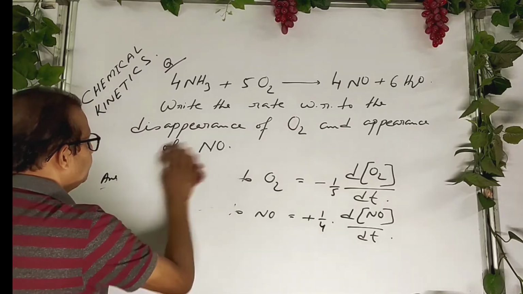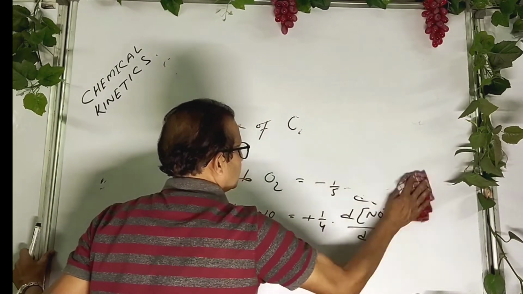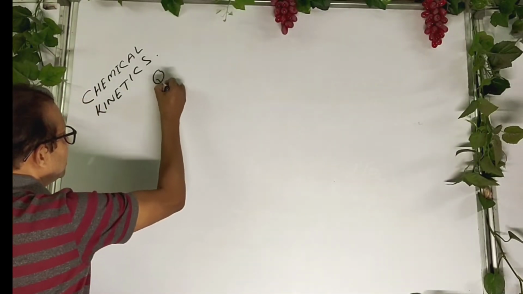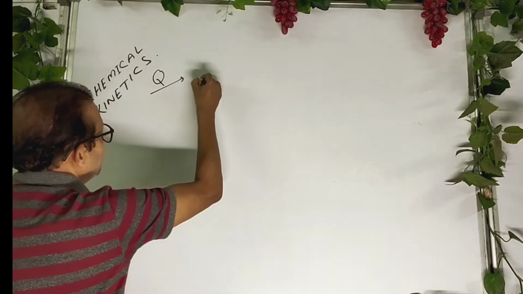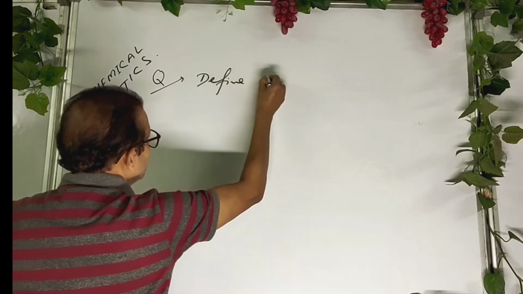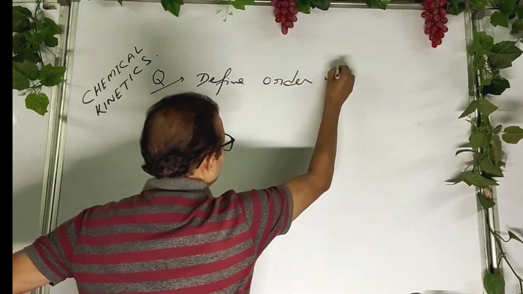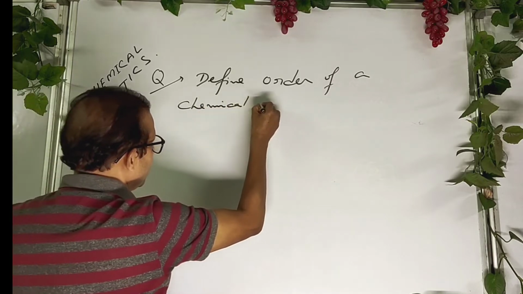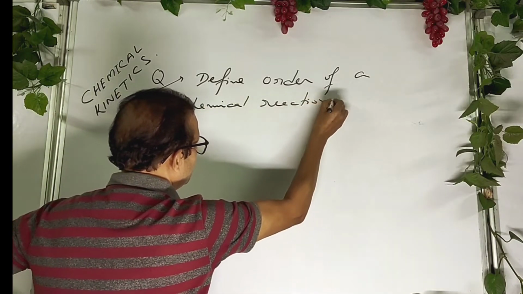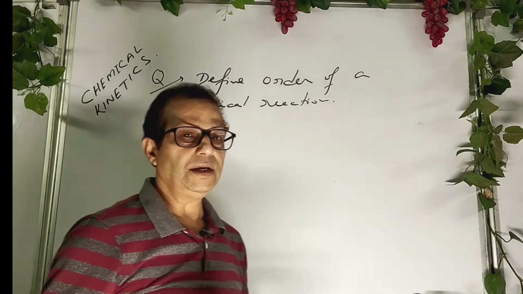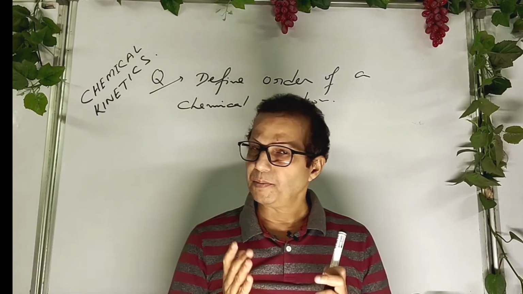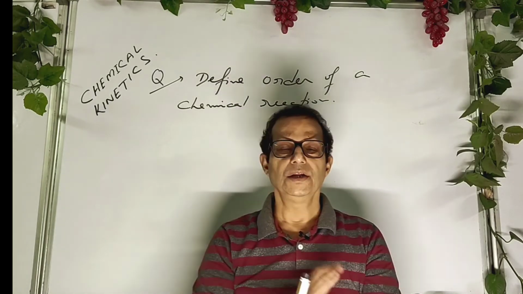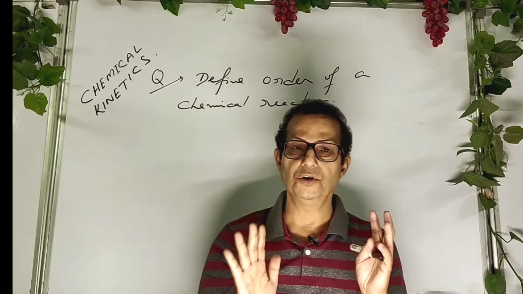Now the next topic. Define order of a chemical reaction. This is another example, important question. Define order of a chemical reaction. Now listen, actually order is completely an experimental idea, but we are doing here theoretical concept.